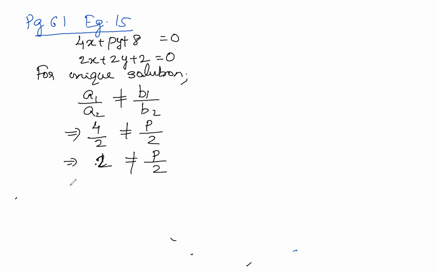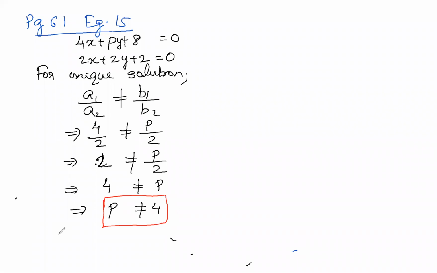When you do the multiplication, we get 4 is not equal to P, so P is not equal to 4. So P can be any value except 4. Correct. That should be the conclusion. P cannot be 4 means P can be any value except 4. P can be any real number except 4.